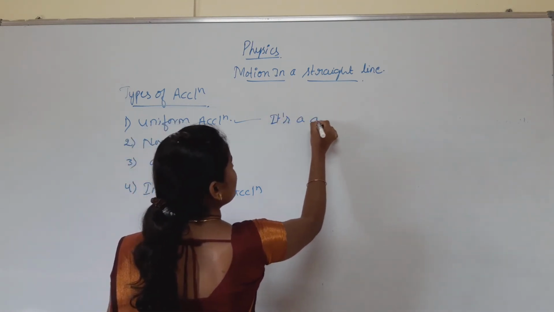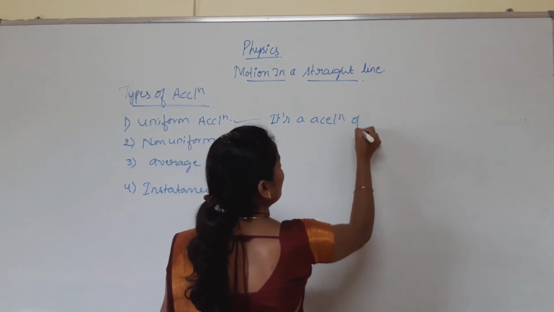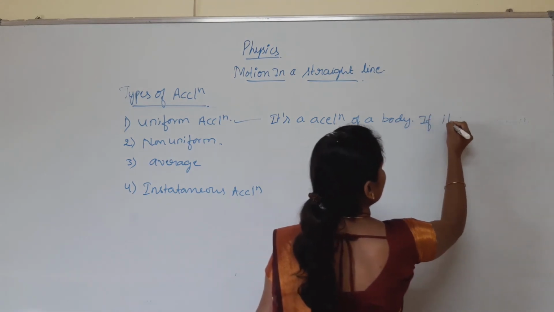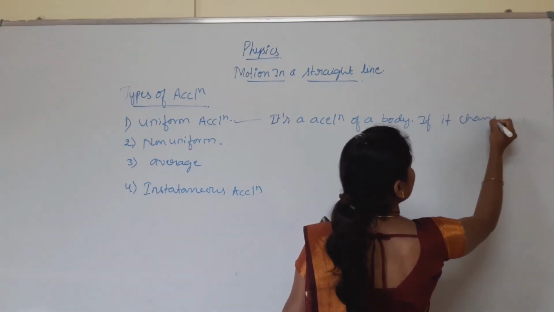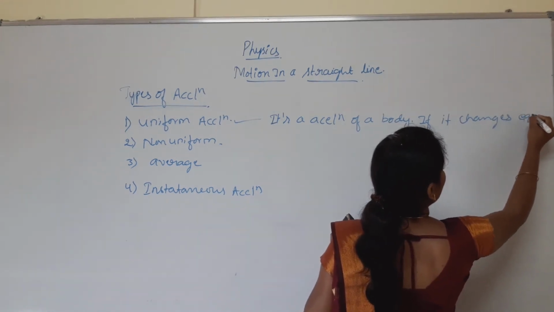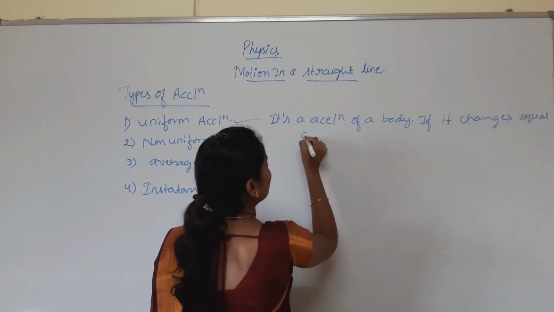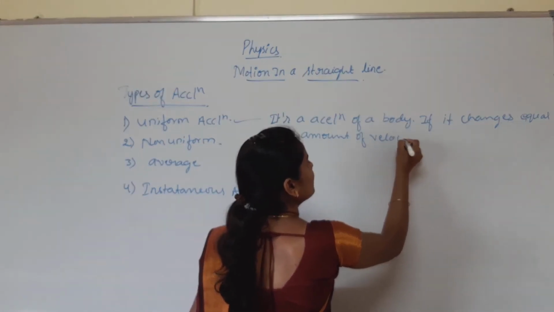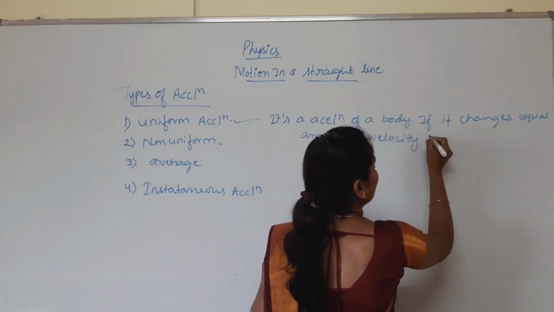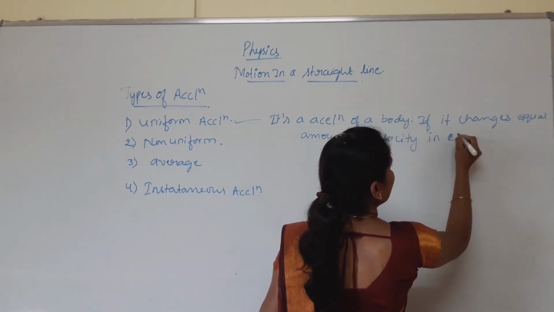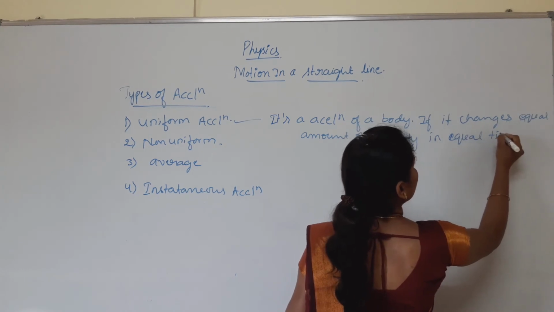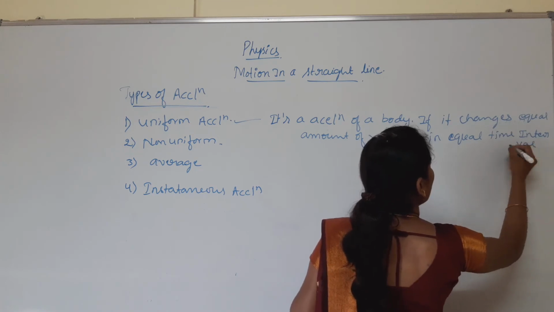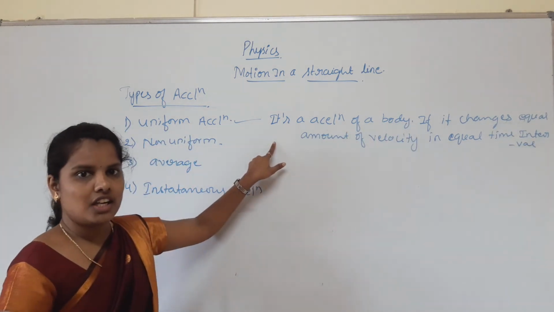If a body changes equal amounts of velocity in equal time intervals, it is called uniform acceleration.